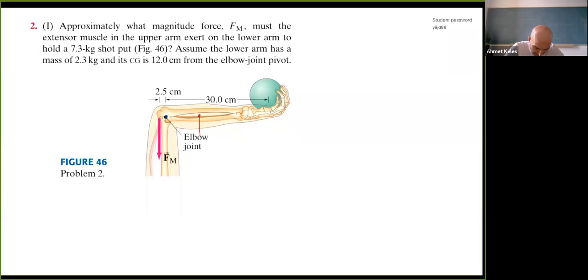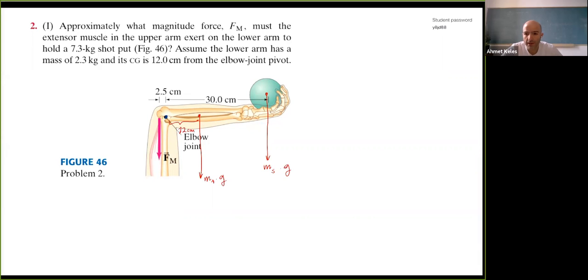There is the mass of the arm times g here, and let's call this the mass of the shot put times g here. This distance is given to be 12 centimeters, and the other distances are given. Okay, I think this is all.